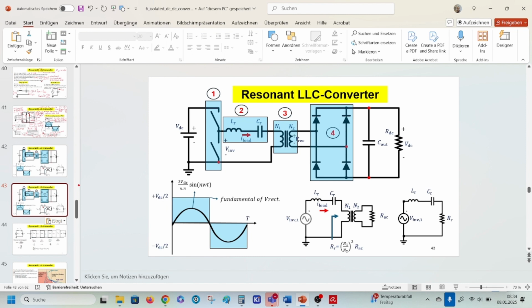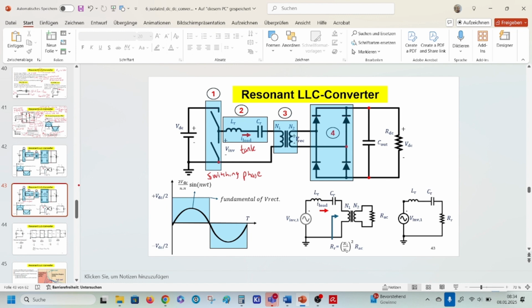We said that it consists of four stages. The first stage is our switching phase, and the second one is our tank, because we save our electrical or magnetical energy in our inductive and capacitive component.